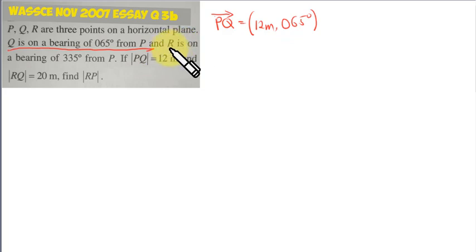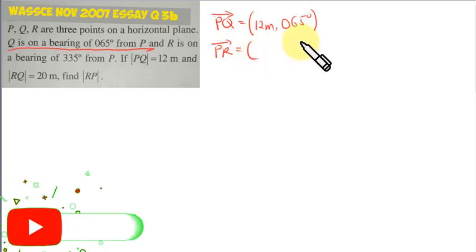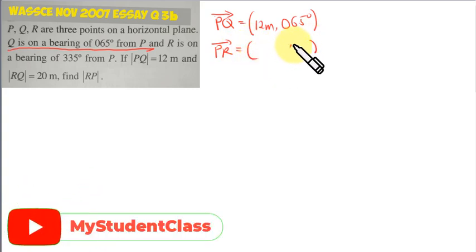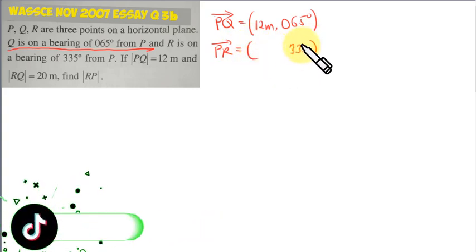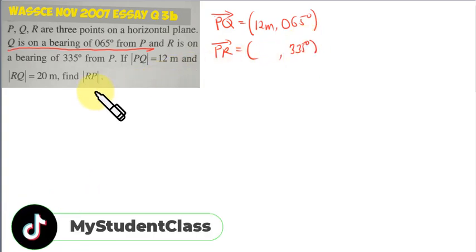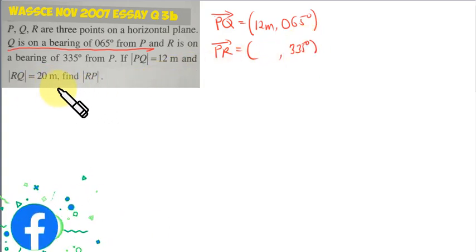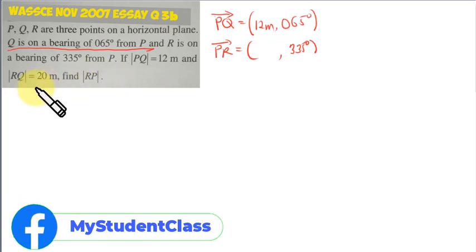And we also have R is on the bearing of 335 degrees from P. So from P to R, so we have vector PR. R is on a bearing of 335 degrees. And let us see the distance from R to P, or P to R. Do we have it here?